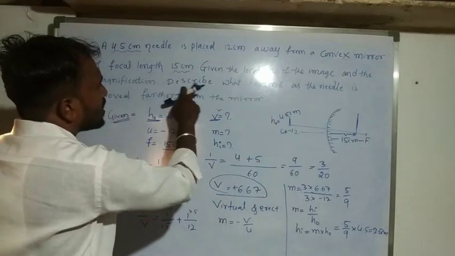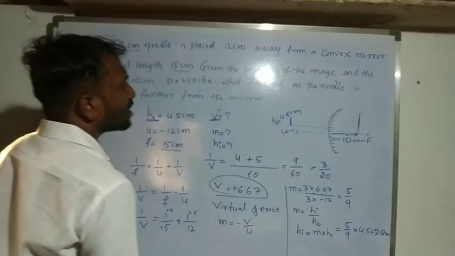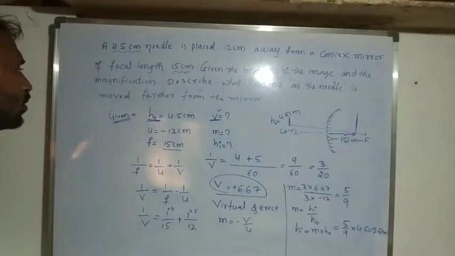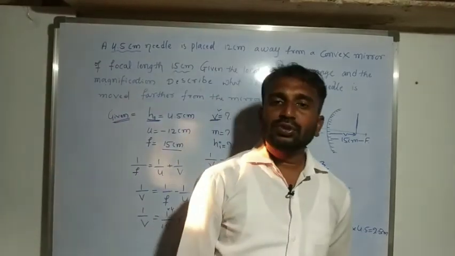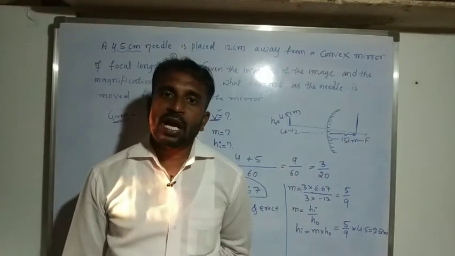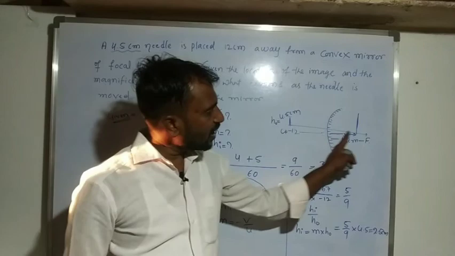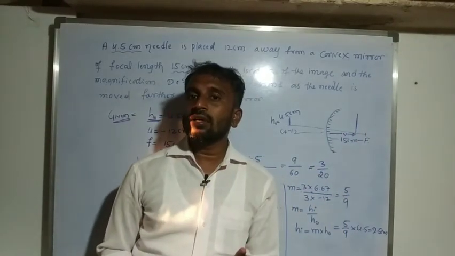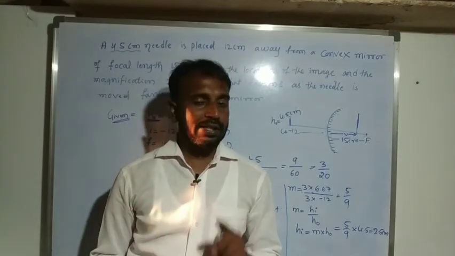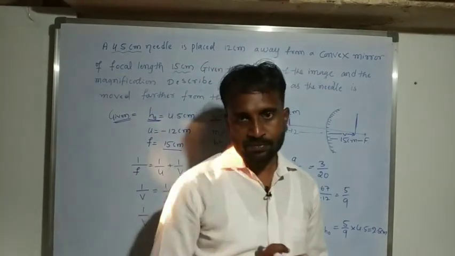So describe what happens as the needle is moved further from the mirror. Okay, when the object moves further from the mirror, the image moves toward the focus, but it never crosses the focus.